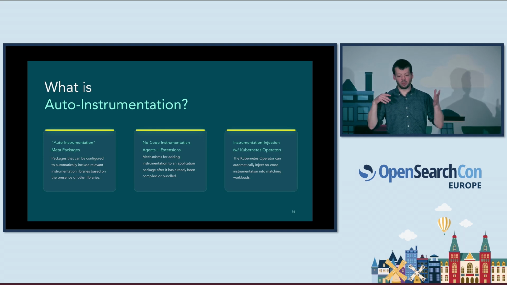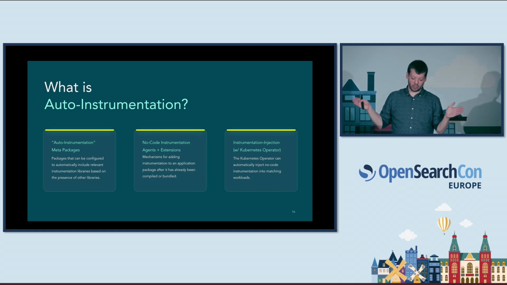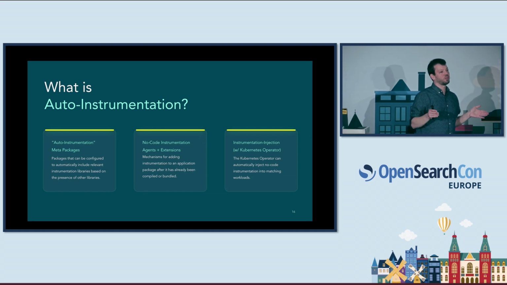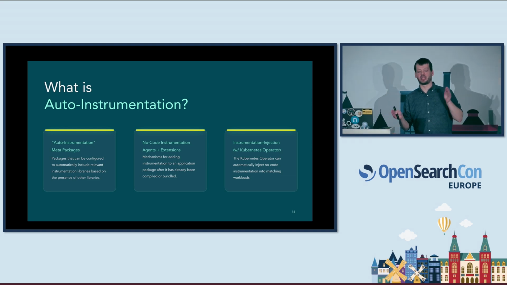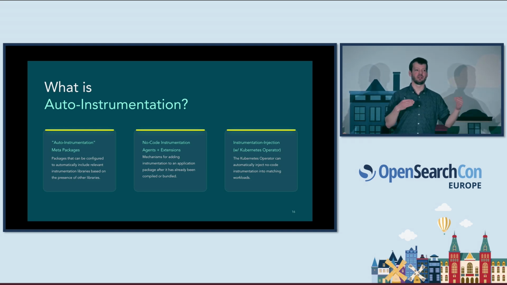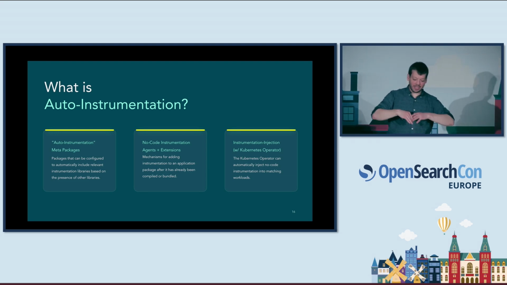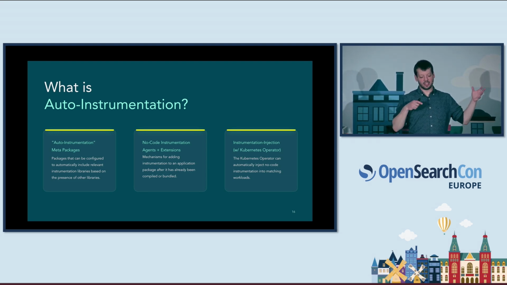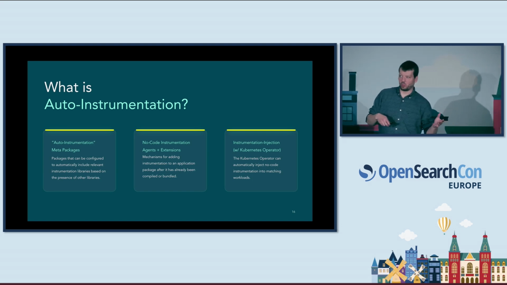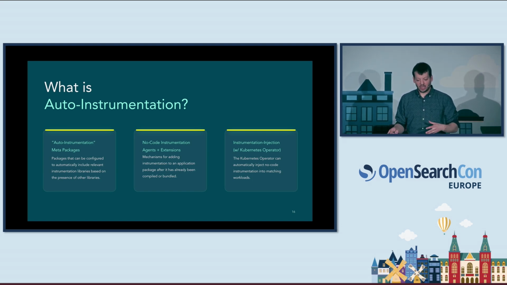Then we have what I would like to call no-code instrumentation. And this is available to us in very different ways because the different programming languages and runtimes, right, have different ways that we can kind of hook into them from the outside. So it's any kind of mechanism where we can add instrumentation without touching the original source code.